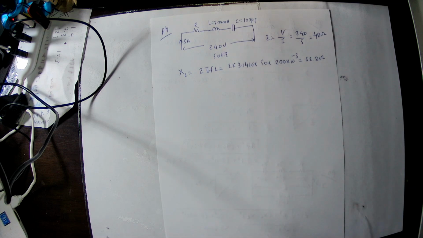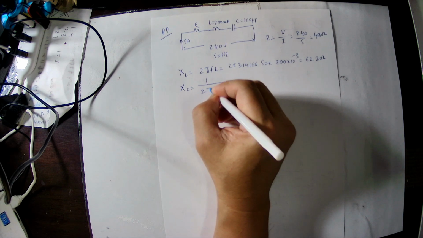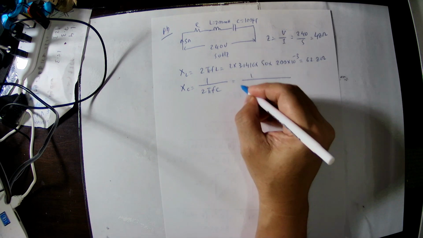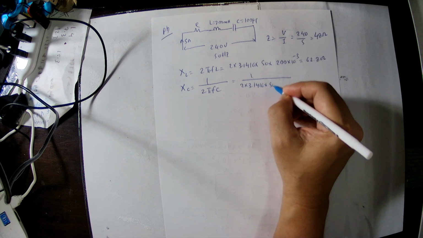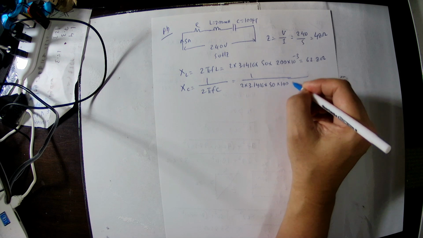Also we can calculate the capacitive reactance XC, which is 1 by 2πfC. So 1 over 2 by 3.1416, frequency 50. Capacitance value is given as 100 microfarad, 100 into 10 power minus 6.